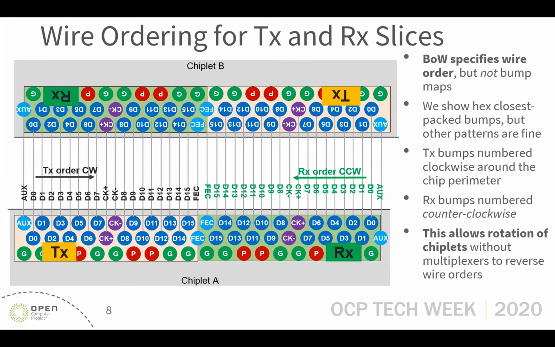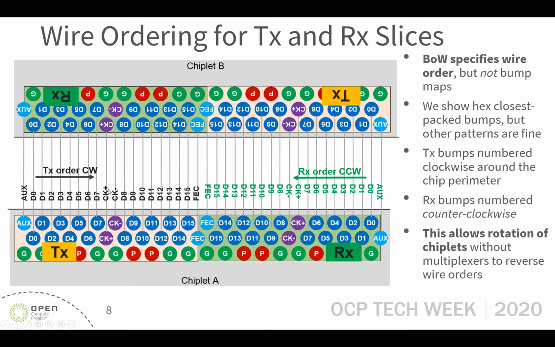And if you rotate your chip 180 degrees, then you end up having to do multiplexing in the silicon in order to reverse the wire order. We're doing something in a different way here. We are defining the transmit order, just the ascending order of wires, to be left to right for the transmit side, and right to left for the receive side.